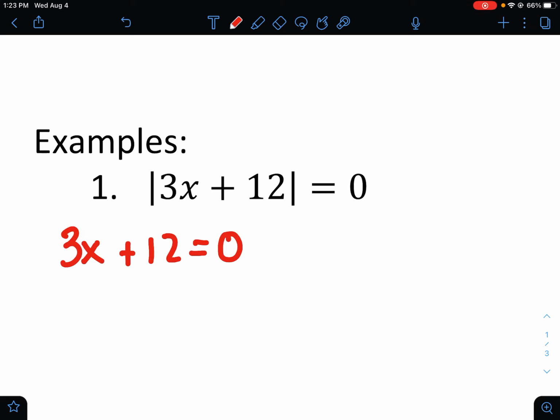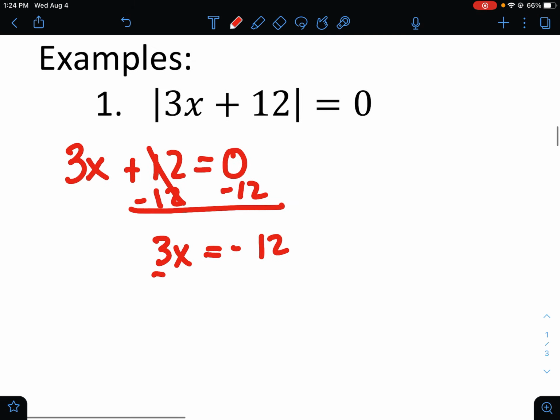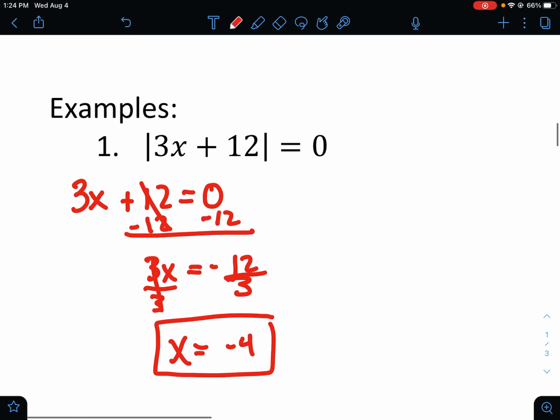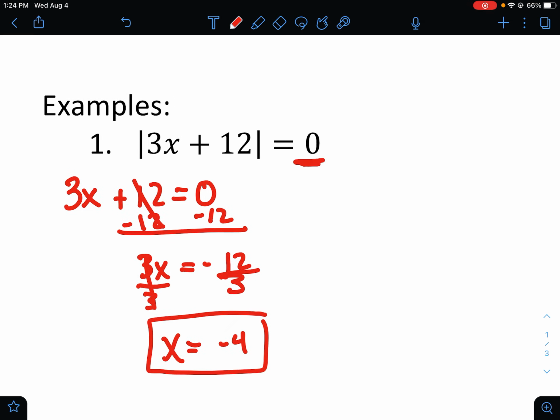So I just solve it like a regular equation. I subtract the 12 and get 3x equals -12, and then divide by 3 and get x equals -4. So in this case, I only get one answer because it was equal to 0.